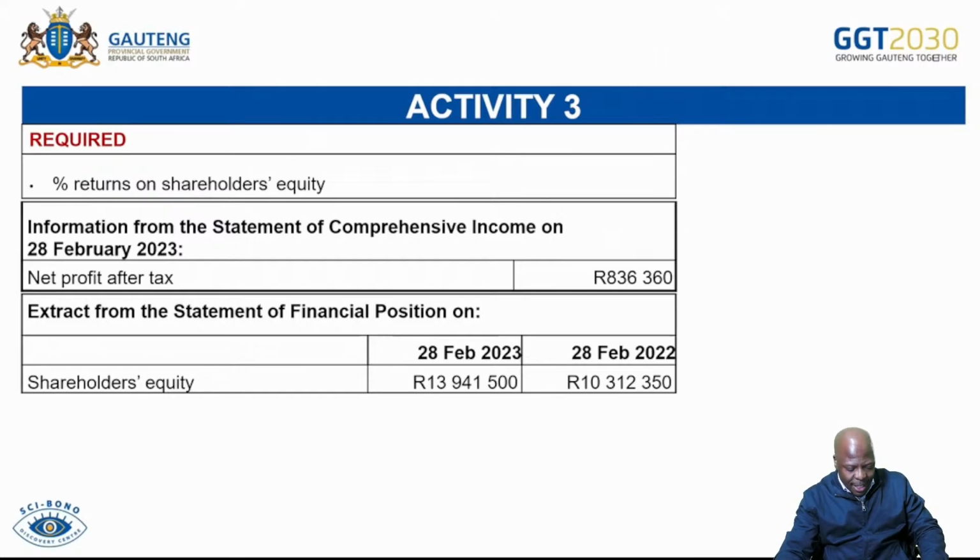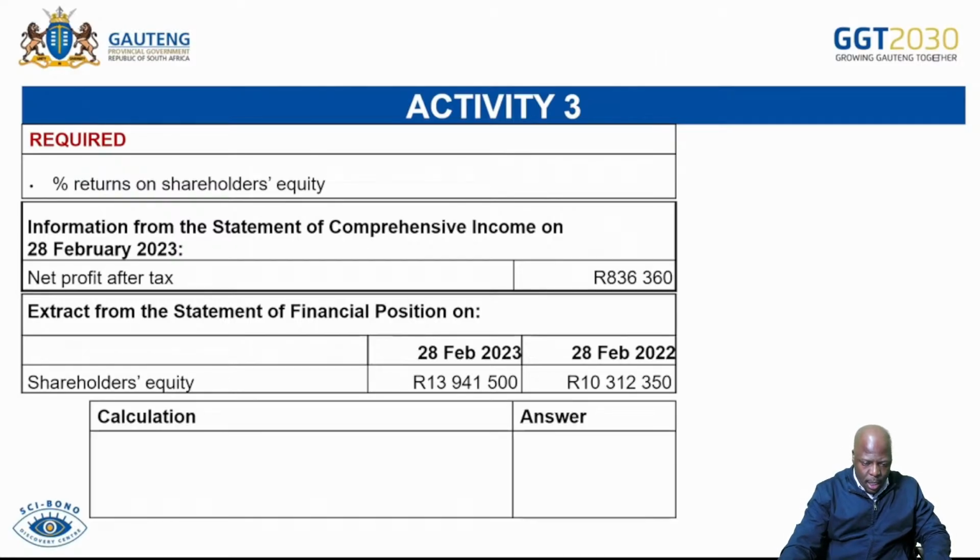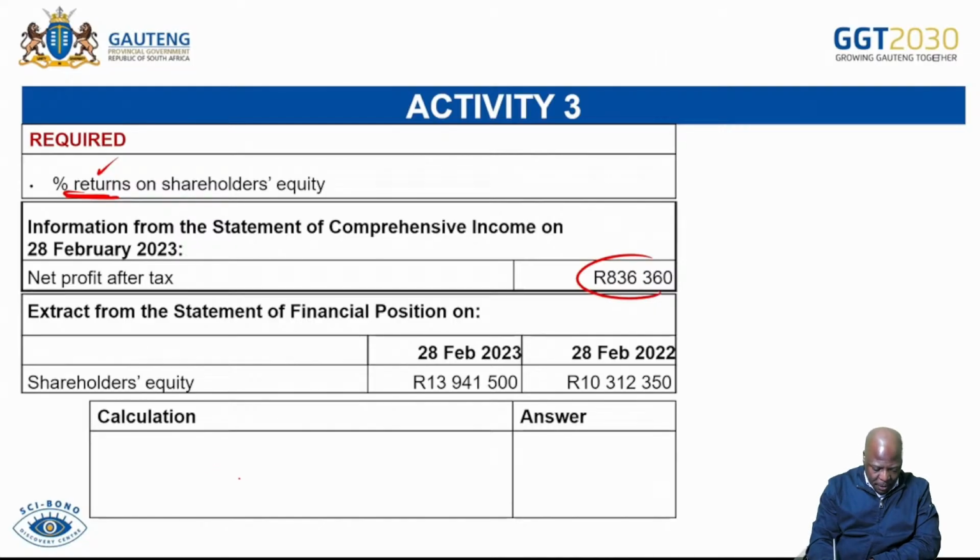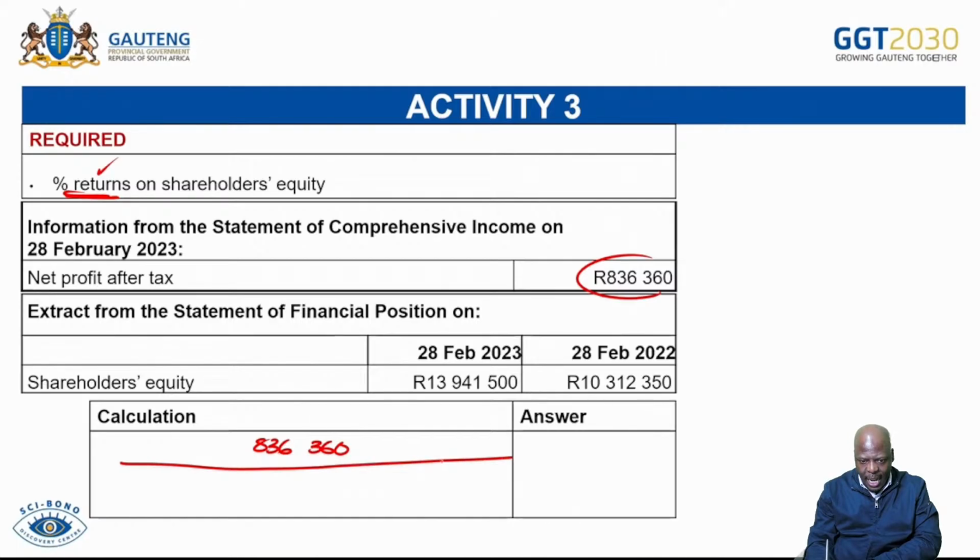The percentage return on shareholders' equity. So now we are on a return ratio. Remember, percentage return, once we talk about return, financial indicators, it is your net profit after tax. That is what we consider. So I'm going to take my net profit after tax, which is 836,360, and then I'm going to divide it by my average shareholders' equity.